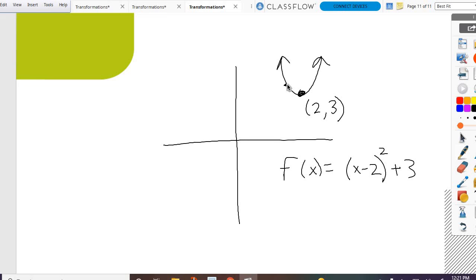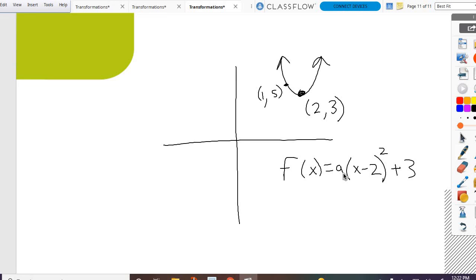So let's say that this was at 1, comma, 5. Okay? So basically we're trying to figure out what A value is in the front, or how far has it been stretched or compressed.